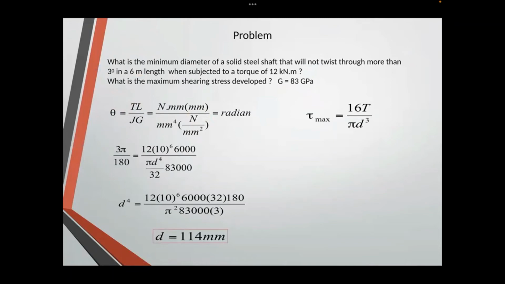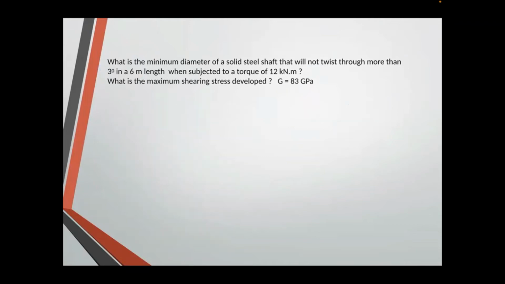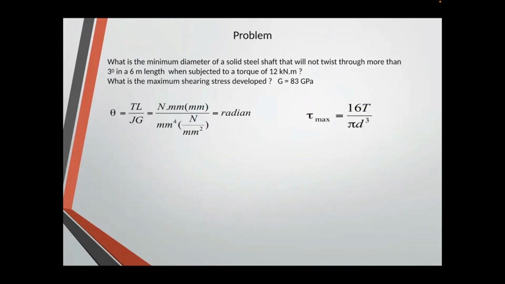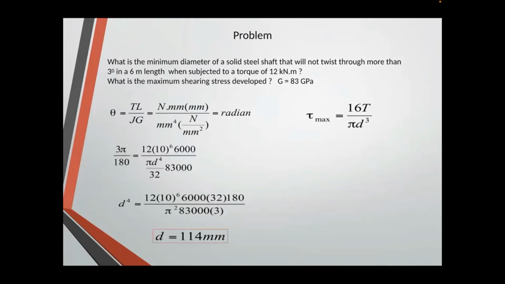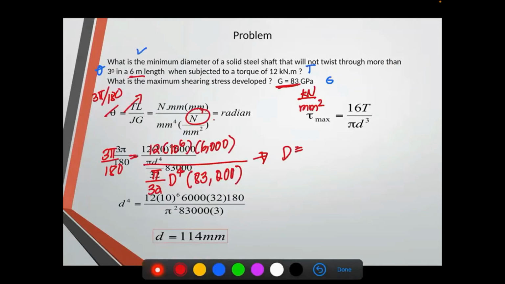Now, you are also asked for the maximum shearing stress. So, provided by this equation, 16T over pi d cube. Nakuha na natin yung D, direct substitution ulit. So, we have 16T. Again, T should be in Newton millimeter. So, 16 times 12 times 10 raised to 6.